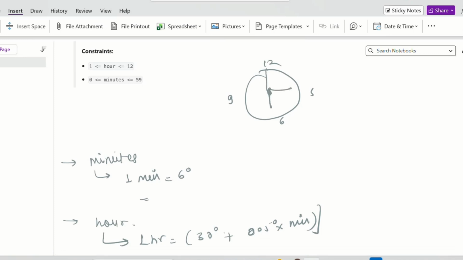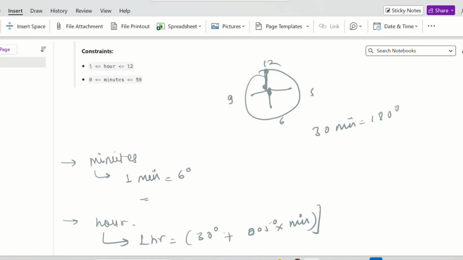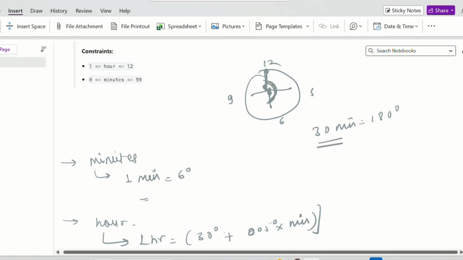So if you see, in 30 minutes the angle will be 180 degrees, because if my minute hand is somewhere here, and if it comes to this 6, then 30 minutes will be covered, and the angle between this is 180 degrees. So for 1 minute, the angle is 180 divided by 30, it will be 6 degrees.